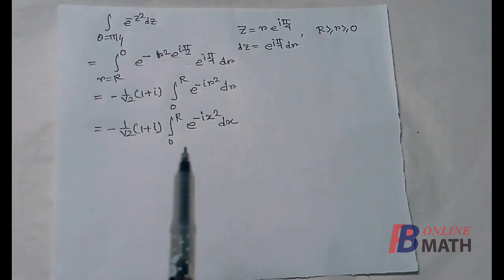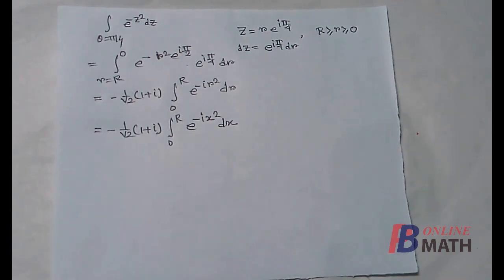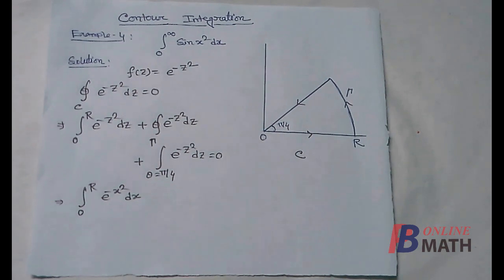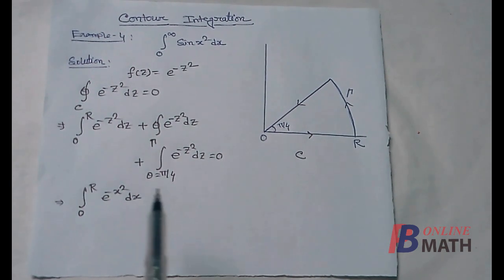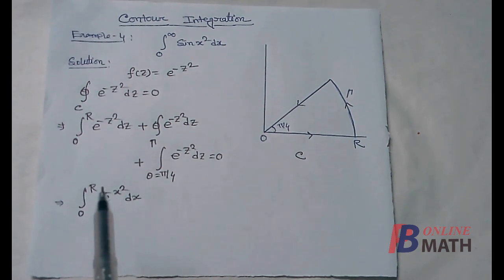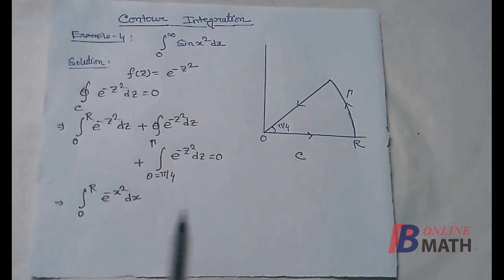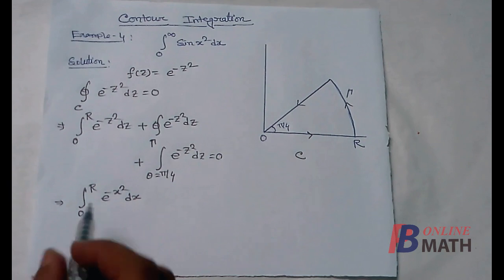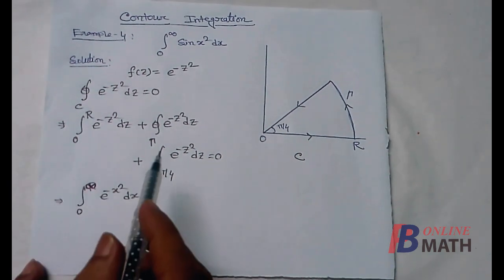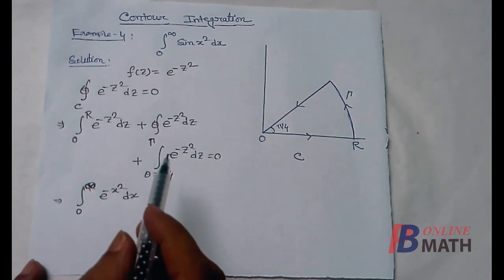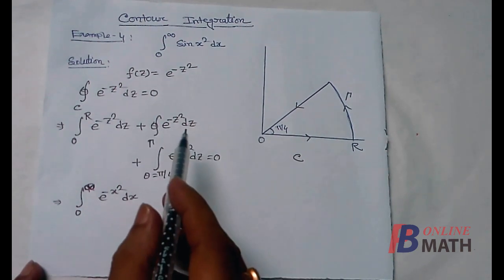Now we shall replace all the values of these integrals in the main equation. Now this was our main equation. In this equation, if we take capital R tends to infinity, then we find that this is 0 to infinity. As R tends to infinity, we have already proved that this tends to 0.